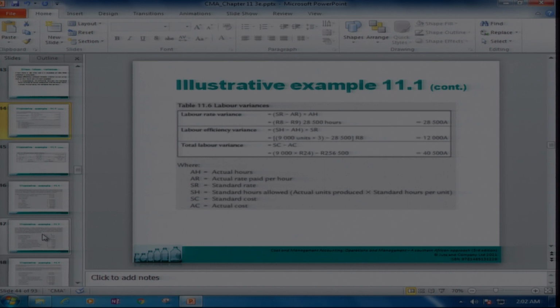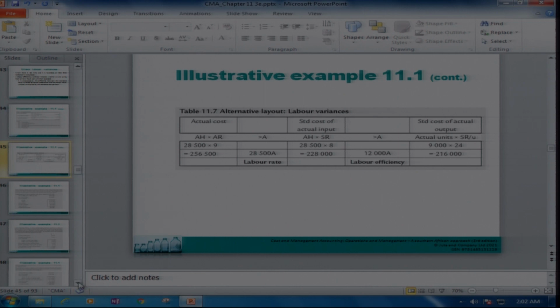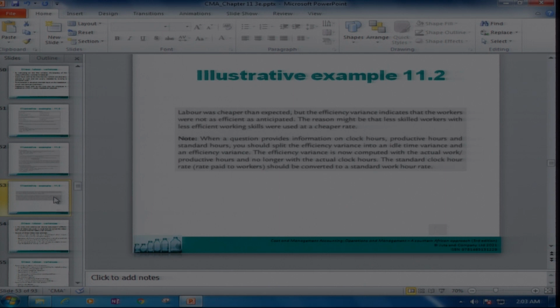So that is how we go about with the labor calculation, the labor rate and the labor efficiency. But guys, remember, we also have what is called idle time. You'll remember from chapter 4 that idle time is the time that your employees are present at work, but because of whatever reason, they are not being productive.